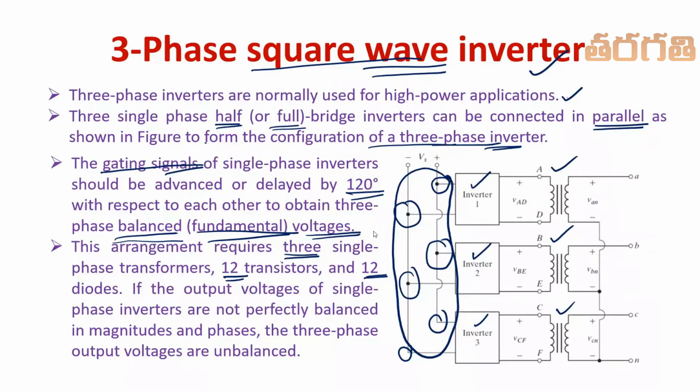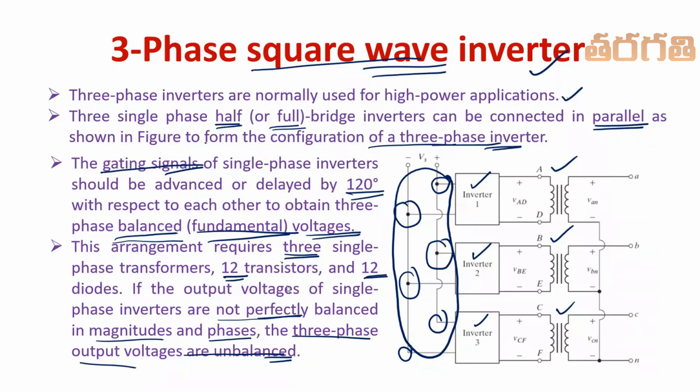If the output voltages of single phase inverters are not perfectly balanced in magnitudes and phases, then the three-phase output voltages are unbalanced. That means you should take enough care that the output of the three-phase inverters must be balanced.